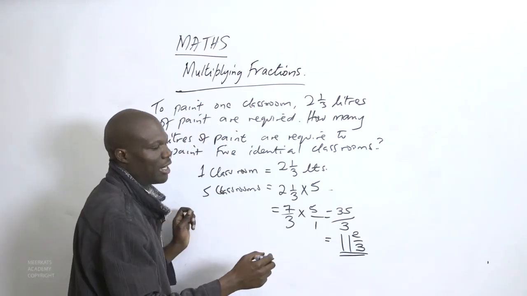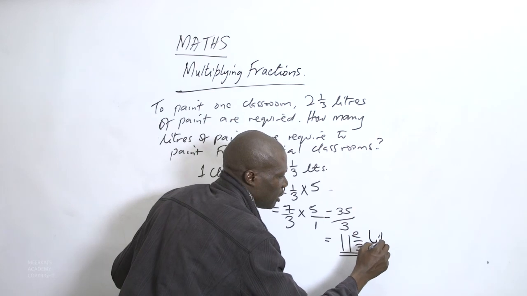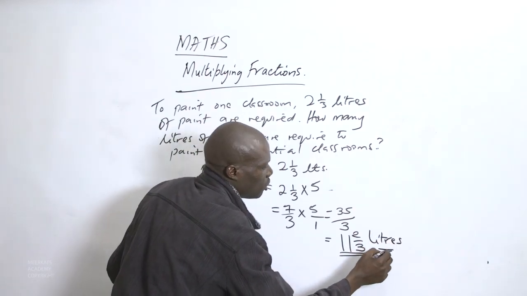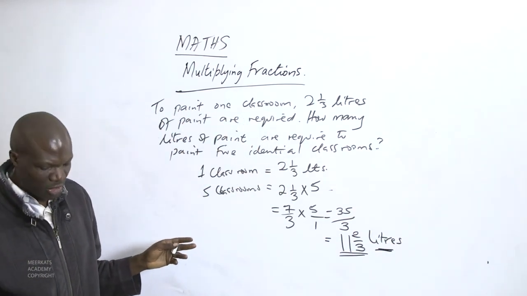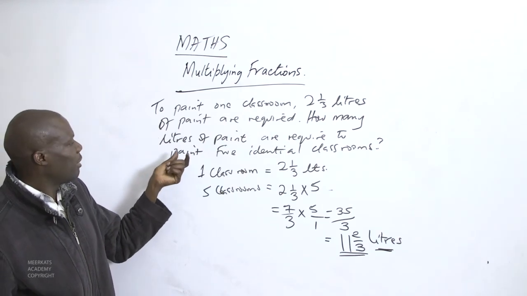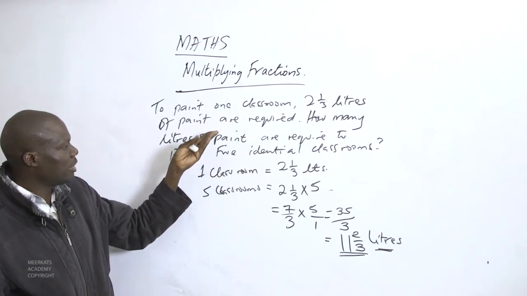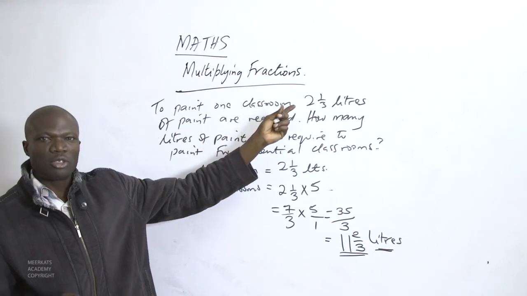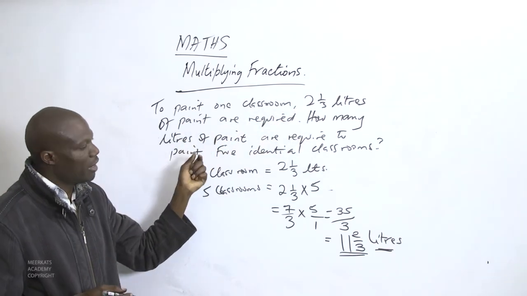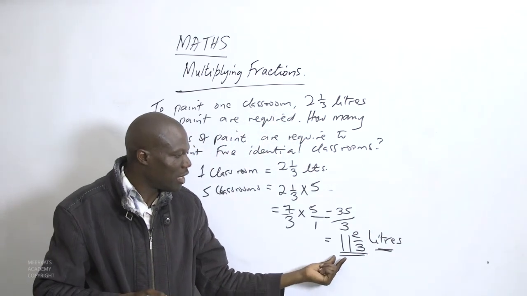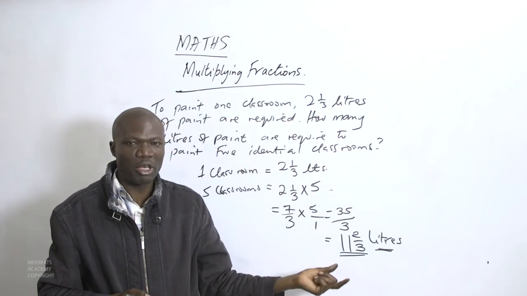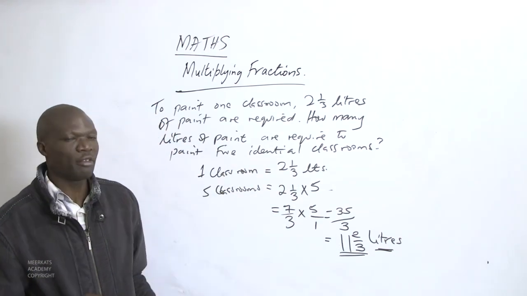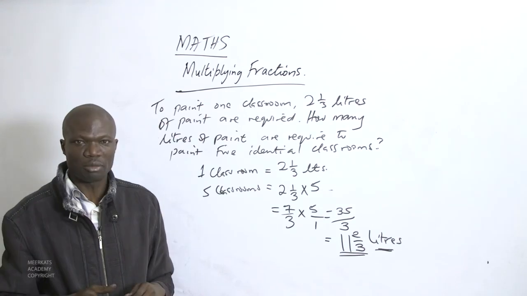But this answer is supposed to be in liters. So in this question, to paint 5 identical classrooms where each classroom requires 2 1/3 liters of paint, we shall require 11 2/3 liters of paint to paint 5 such classrooms.